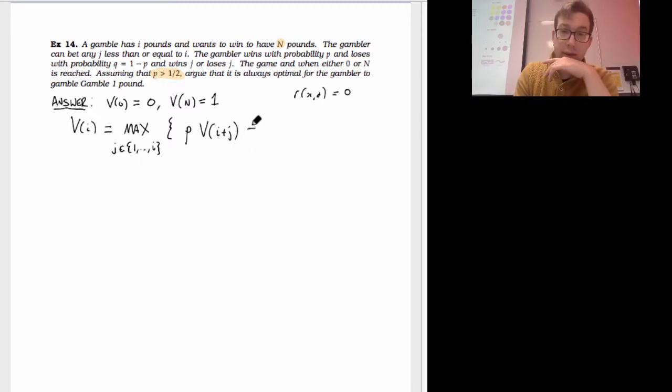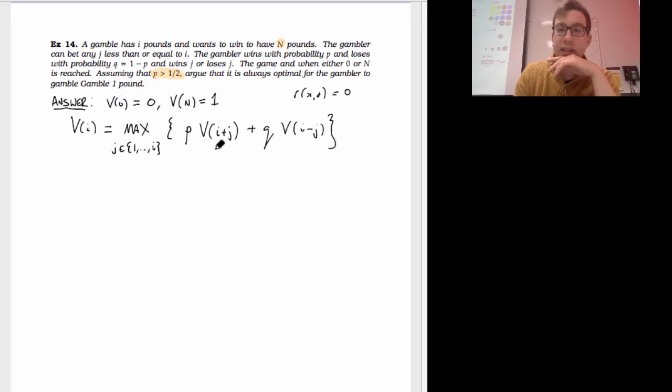With probability Q, I lose J pounds, so I go to a state I minus J. And that's it. That's the Bellman equation for this problem.